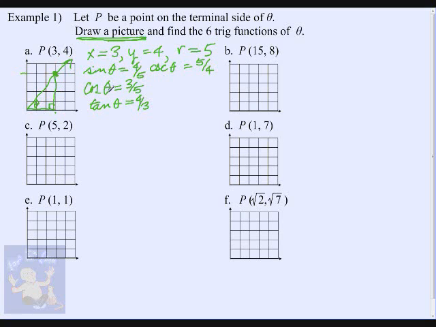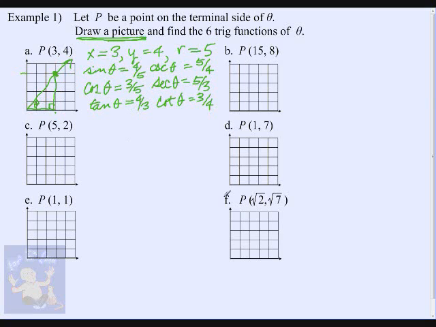And cosine already has the co in it, so its reciprocal partner is secant. Tangent, its reciprocal partner is cotangent. Okay? Now I think you could do all of these.